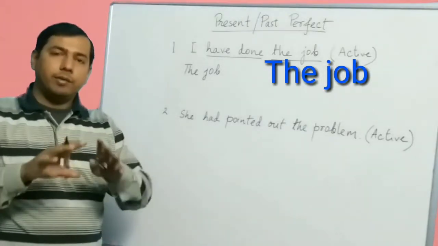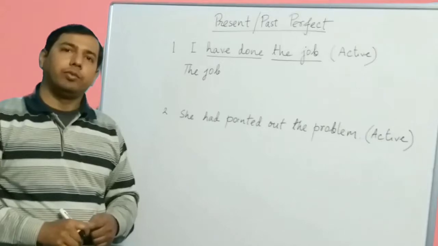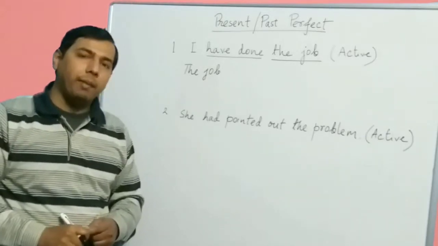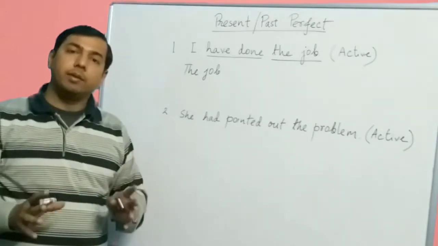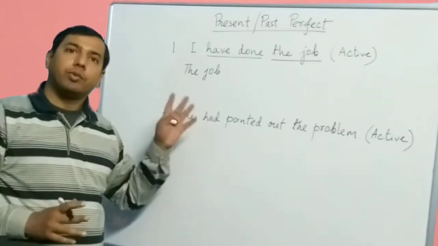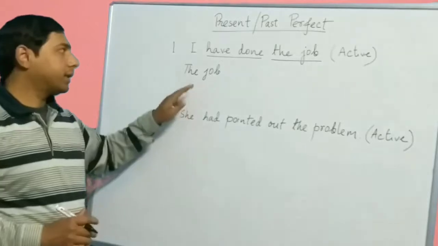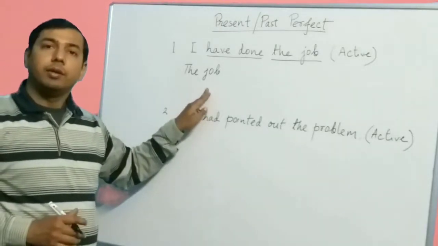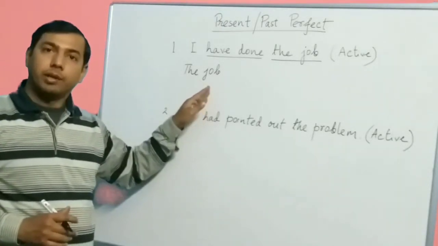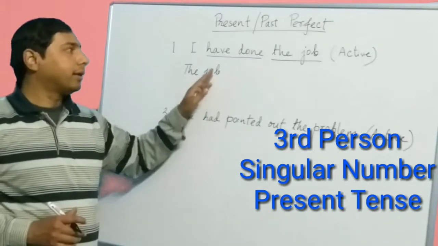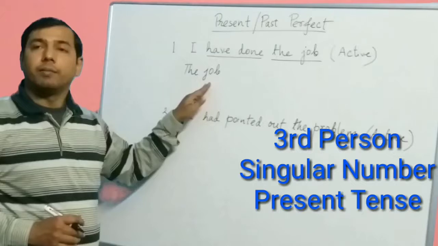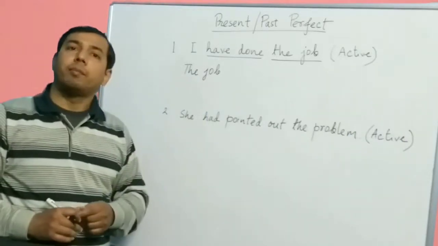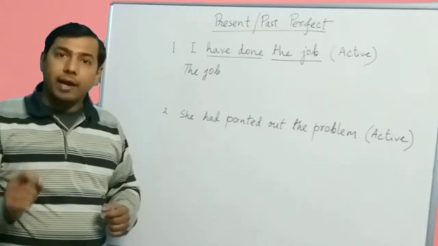Now, there is a little change in the rules. We have to put a have verb. The have verb should agree with the subject. The subject here, the job, is in third person singular number and the tense is present. So, in the third person singular number, the have verb that is compatible is has.